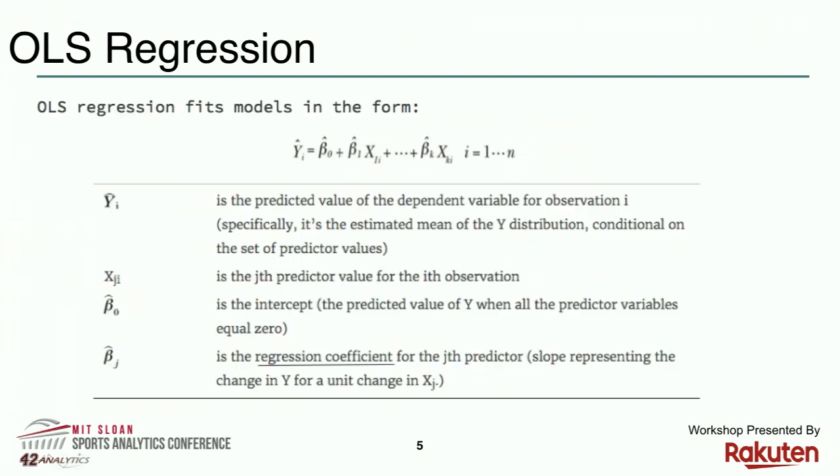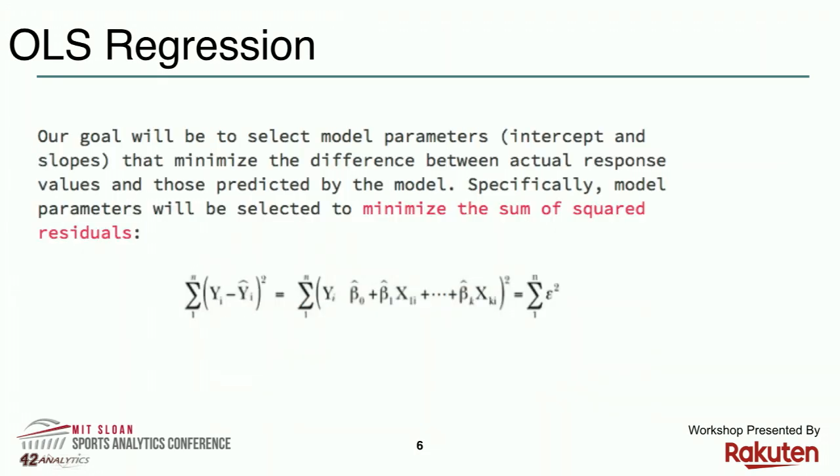So here is a slide just going a little bit through the math of the OLS regression. And here again, our goal is to be selecting model parameters that minimize the difference between actual response values and those predicted by the model. We'll see live what that looks like.